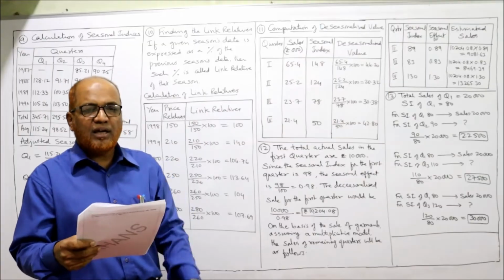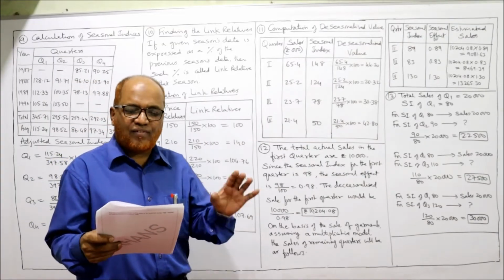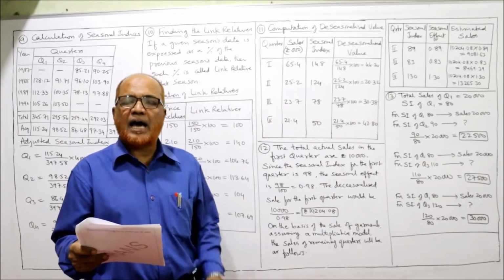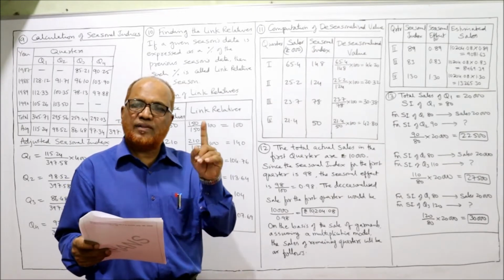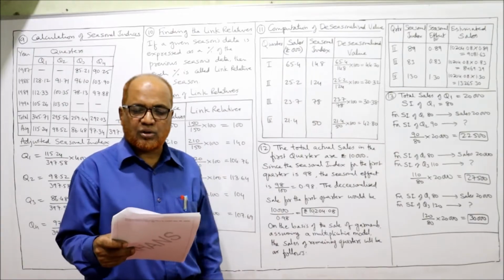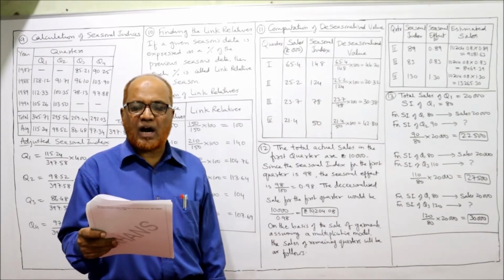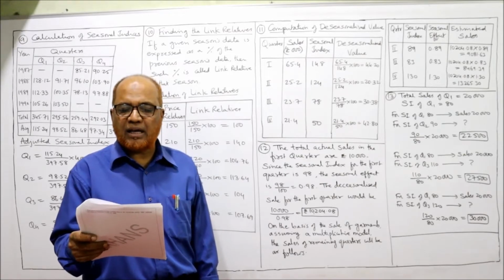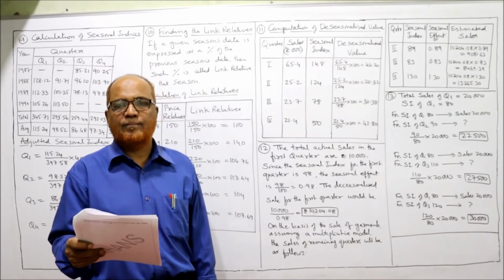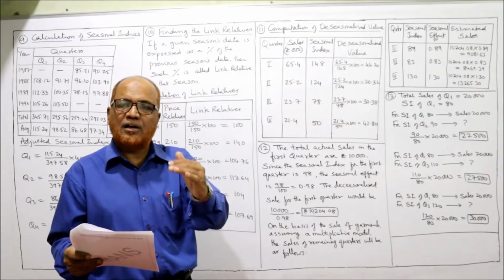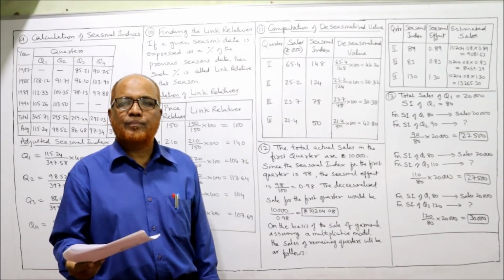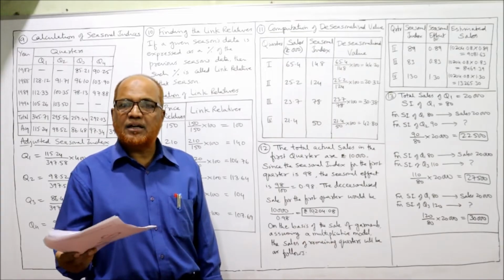On the next page it is given: if the total sales in the first quarter of the year was worth rupees 10,000, find how much worth of garments of the type should be kept in stock to meet the demand in each of the remaining quarters. Remaining quarters means second, third, fourth quarter. So we have to find the stock for the second, third, fourth quarter.